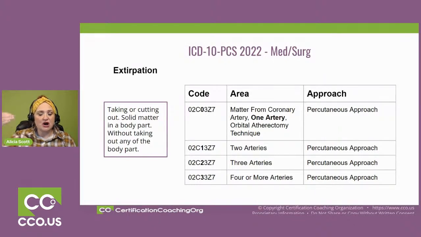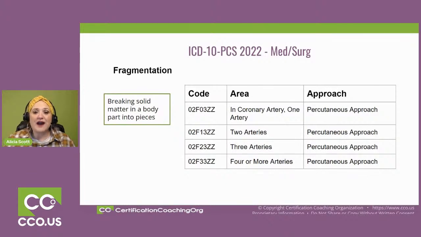And then notice all of these are percutaneous approaches, right? So notice it's 3, 3, 3, 3 because it's all the same. And then it's two arteries, three arteries, four or more arteries. Okay, so we have one artery, and then if they deal with more, then that's how the code set is changing for us.